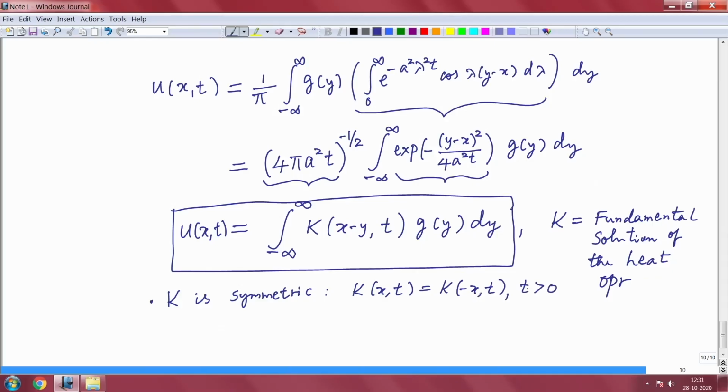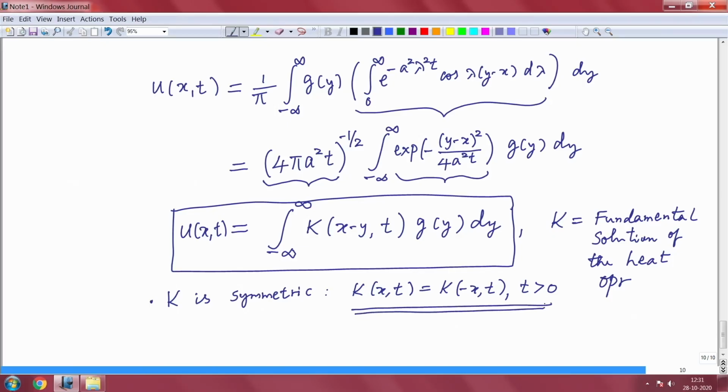Okay, so, if t is positive, because in the exponential term this sits as an x square, so x square equal to minus x square. So, there is no change there.